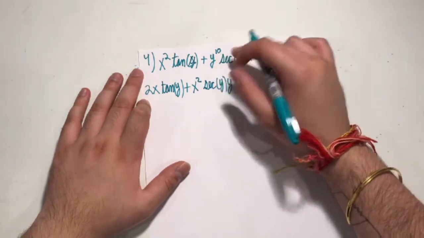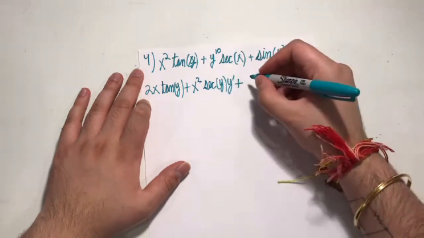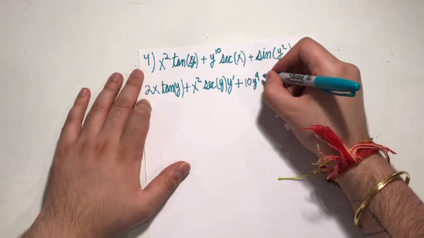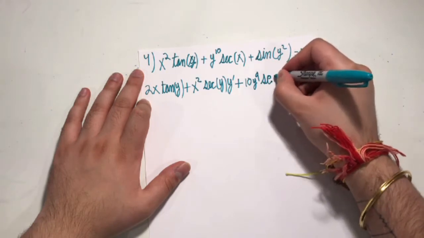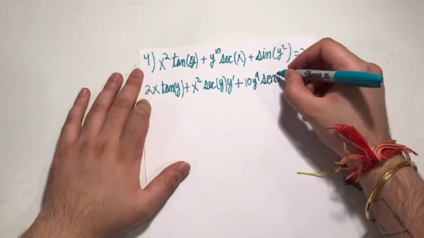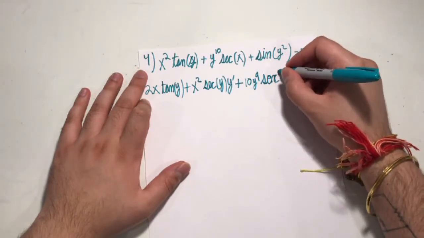We can split this up into a y to the 10th times secant x, derivative of the first thing, 10y to the 9th times the second thing, secant x. I think the Sharpie fumes are making me dizzy.